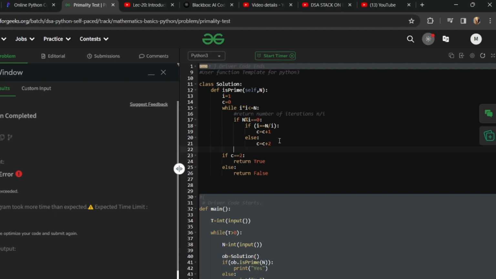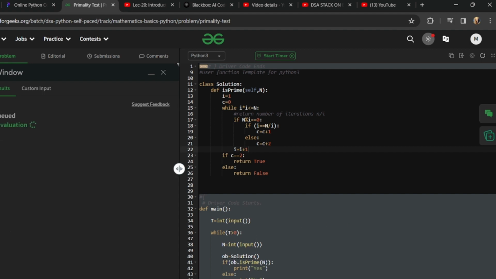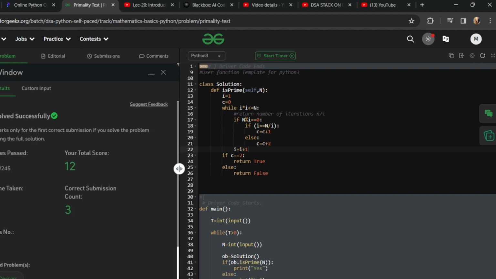Also, as it is a while loop, we have to add I equals I plus 1 so that it moves forward till I squared reaches n. So what we get here is the answer as yes for the prime case. As you can see, the code works, and we have passed all the cases. This is the answer to this question. That's all. Thank you.